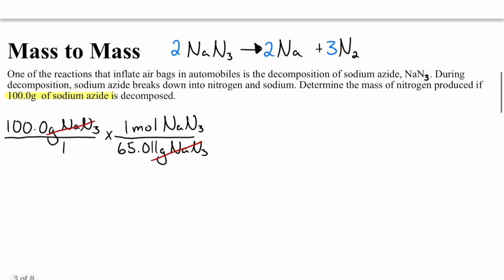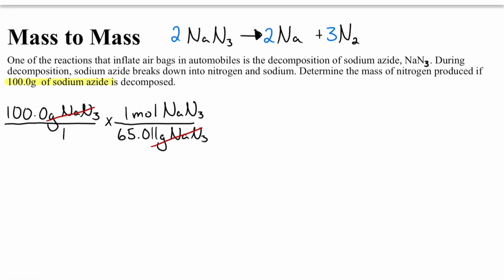That factor that allows us to convert from one substance to another is the mole ratio from the original equation. So our mole ratio of sodium azide to nitrogen is 2 to 3. So I want to cancel moles of sodium azide. So my 2 moles of sodium azide go on the bottom.